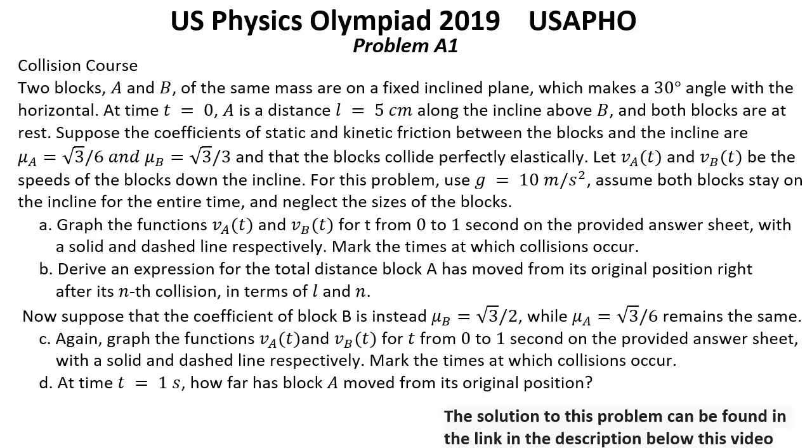Question A. Graph the functions VA and VB for t from 0 to 1 seconds on the provided answer sheet with the solid and dashed line respectively. Mark the times at which collisions occur.